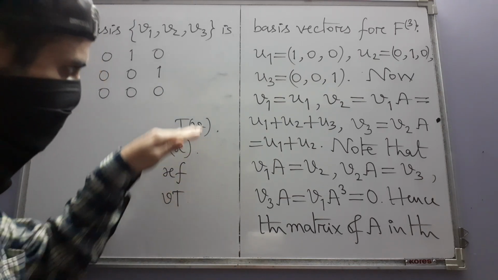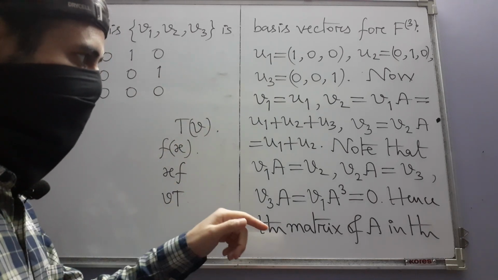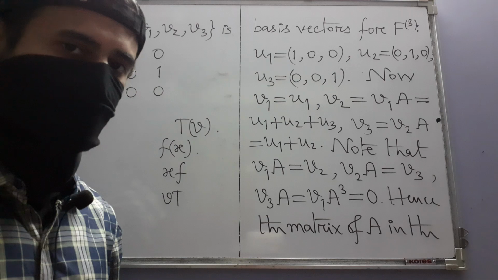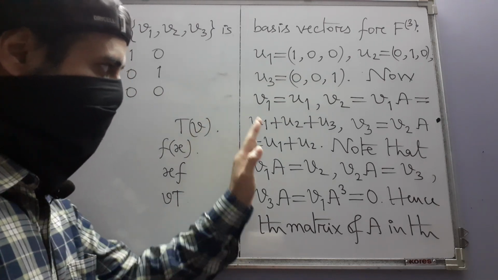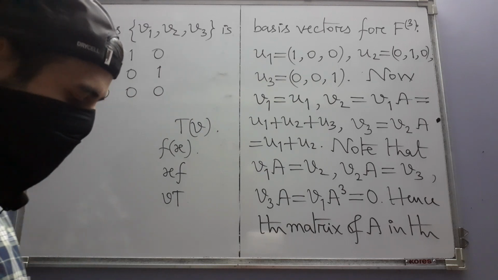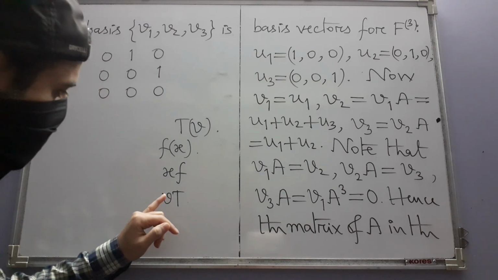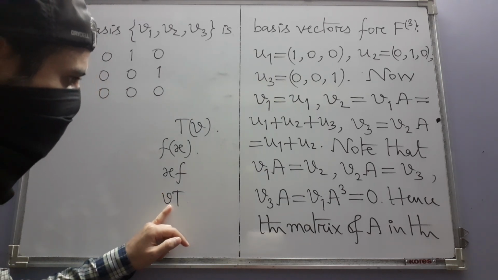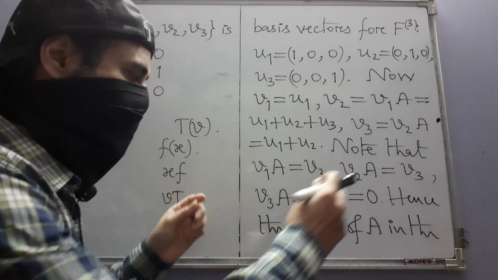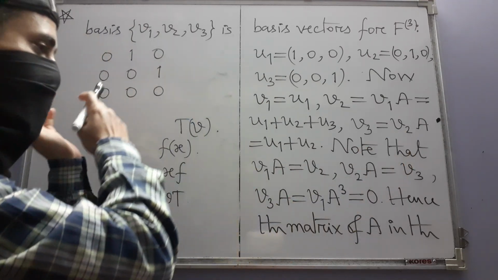You apply the operator on each basis vector and then you express each result as a linear combination of those basis vectors again. And then you note which scalars have appeared in those linear combinations. When you follow this notation, the scalars that appear in the first linear combination give you the first row.